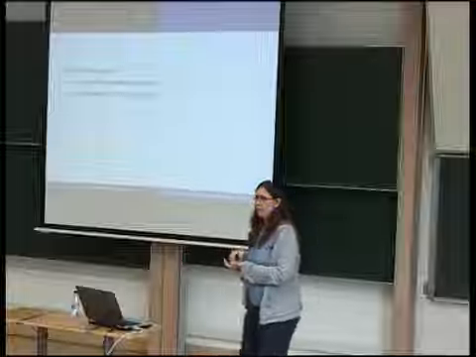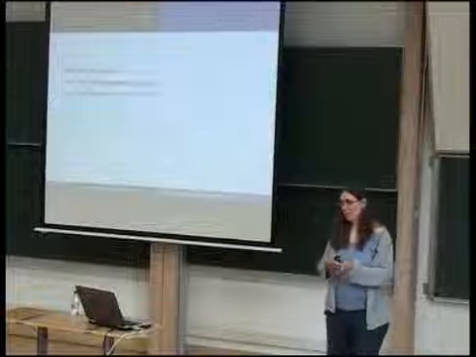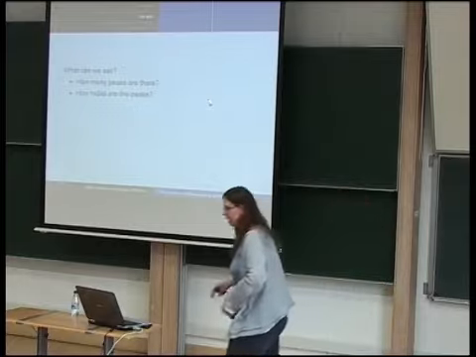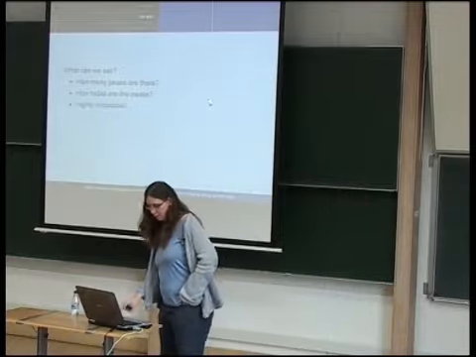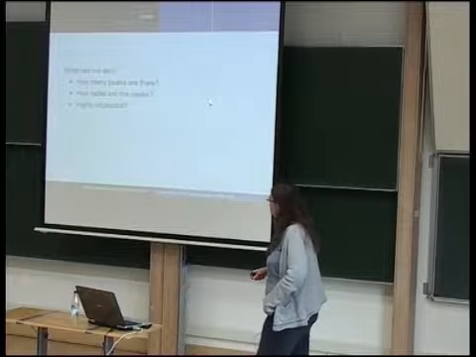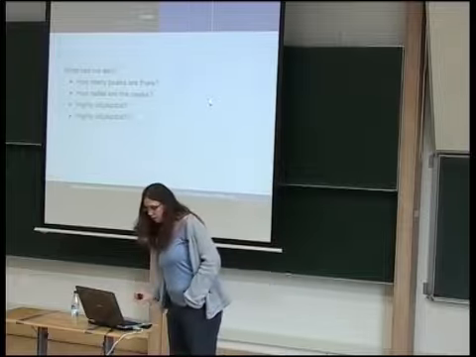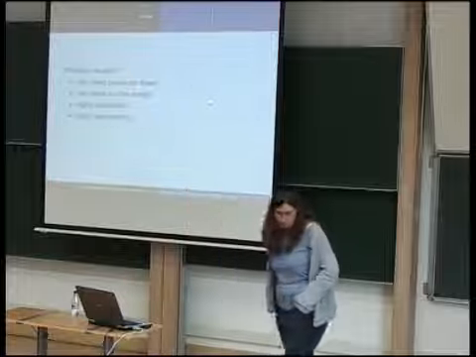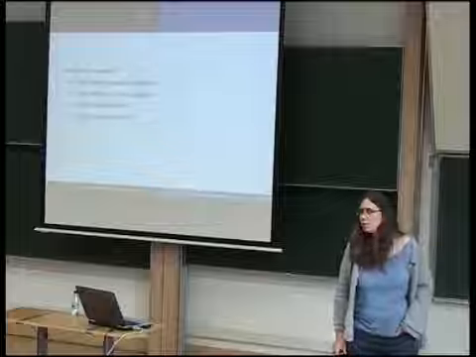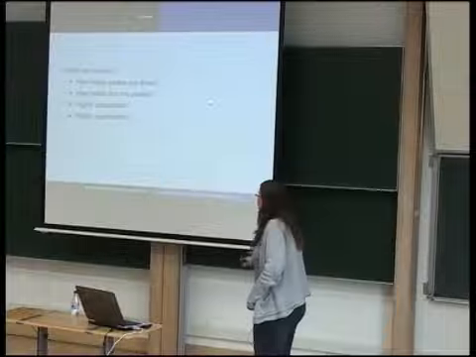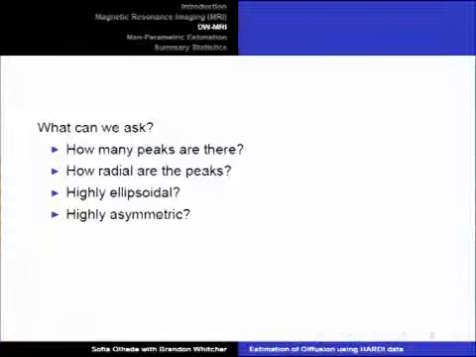Then if you start having ellipsoidality, it could be a precursor to branching. So it's important to get out how radial are these peaks. And as we just saw, another question to ask, asymmetry could also be a feature which is a precursor to a different kind of branching, and it's also something we want to ask the data.